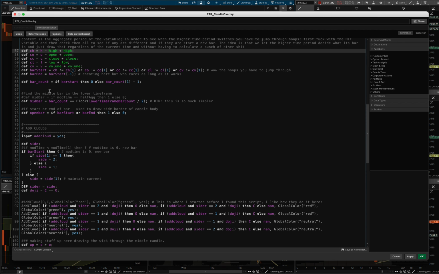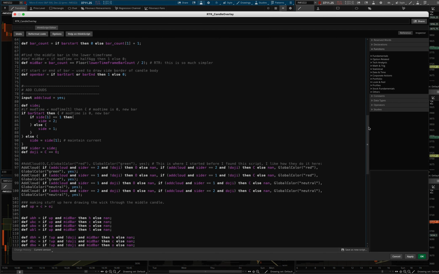Again, if it's not very well traded, you could have like 10 days between bars, and then your 4-hour candle is really just 1 bar wide. You're not going to have an upper or lower wick on it at this point, because the mid bar is going to be wrong. So that's something that I need to add to this, and I probably will before I release it out there in the wild.